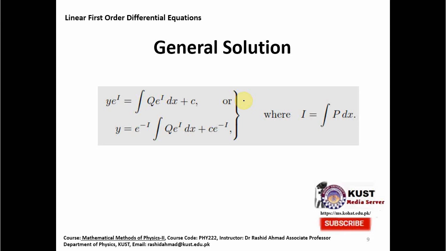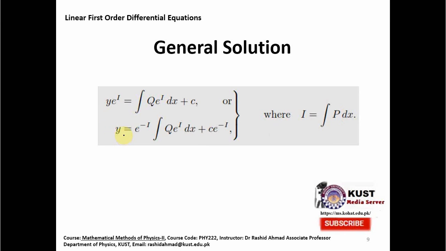And now we are able to write the general solution in this form. So this is the general solution of the linear first order differential equation, since y multiplied by e raised to power I, that is the integrating factor, as you have seen, was equal to the integral of q into e raised to power I dx plus the constant of integration, where I, if you remember, is equal to the integral of p dx.